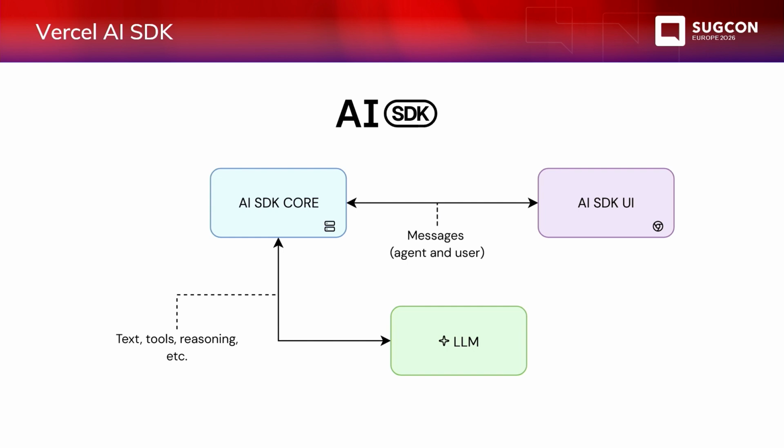And the second layer is AI SDK UI, and it runs in the browser. It connects your components with the server, so you can sync the server LLM response with your UI, update the state, and update your components based on the state. It's framework agnostic, but there are packages for every popular front-end framework.